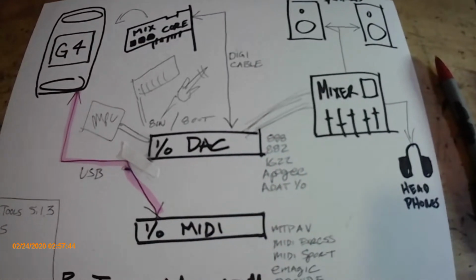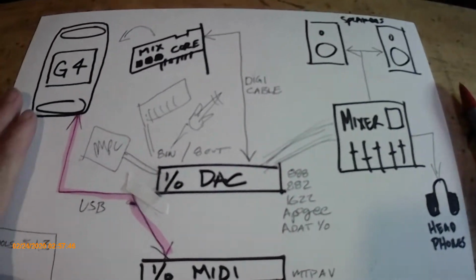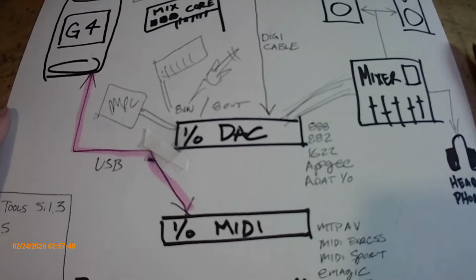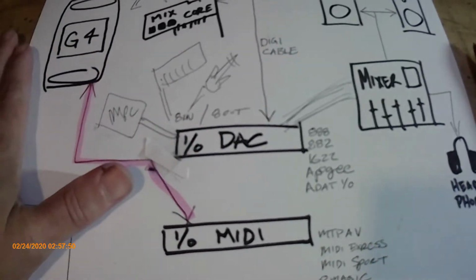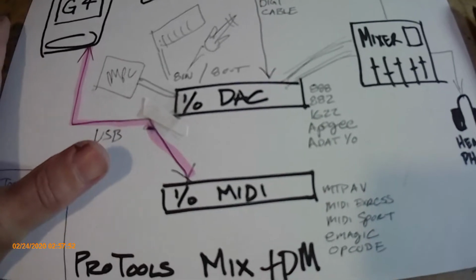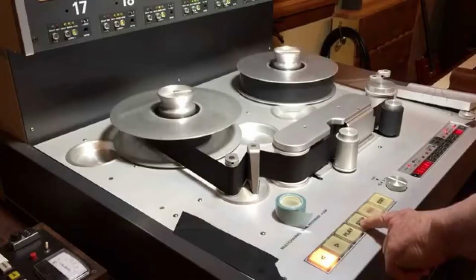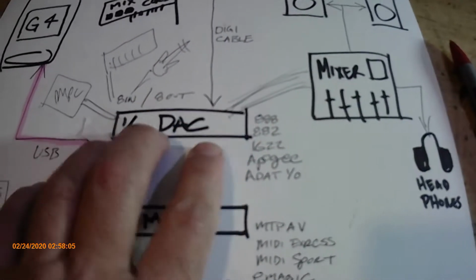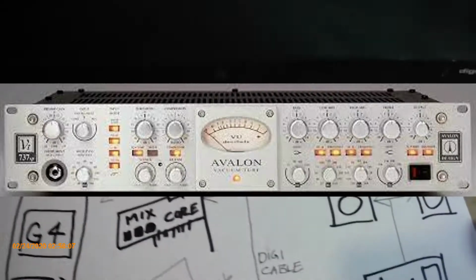One of the keys to this that's really different from where we are today is this was a professional system, and it was meant to replace Ampex and Studer and TIAC, very large format 2-inch 8, 16, 24 track machines. And this DAC has no preamps.